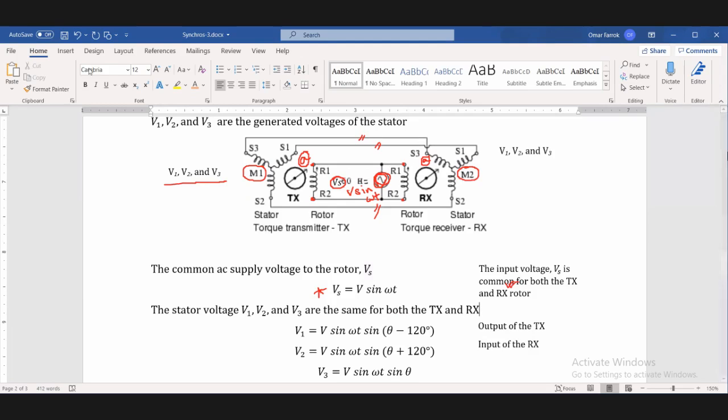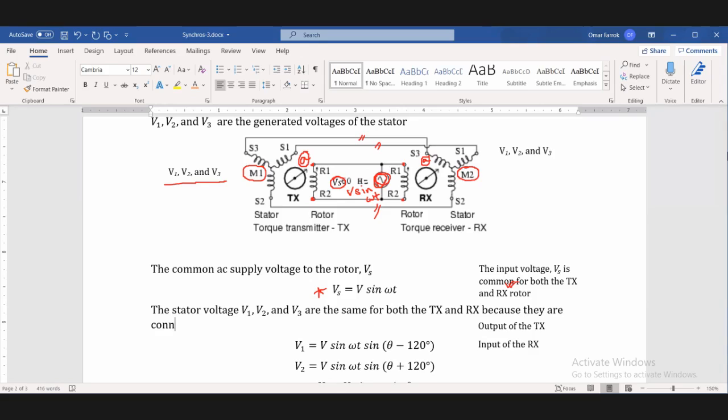So it's very simple to understand. We have to make sure that the stator voltages V1, V2, and V3 are the same for both the TX and RX, because there is a reason actually. Because they are connected to each other directly.